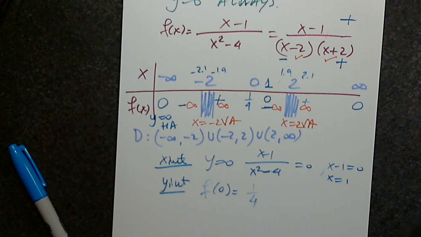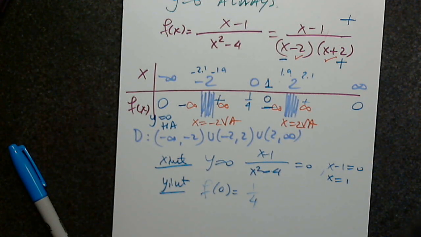When we determine the x-intercepts, y must be 0. And then when x is 0, y is 1/4. Is that okay with 0 comma 1/4? Yes? Okay. So let's discuss this and then graph it.